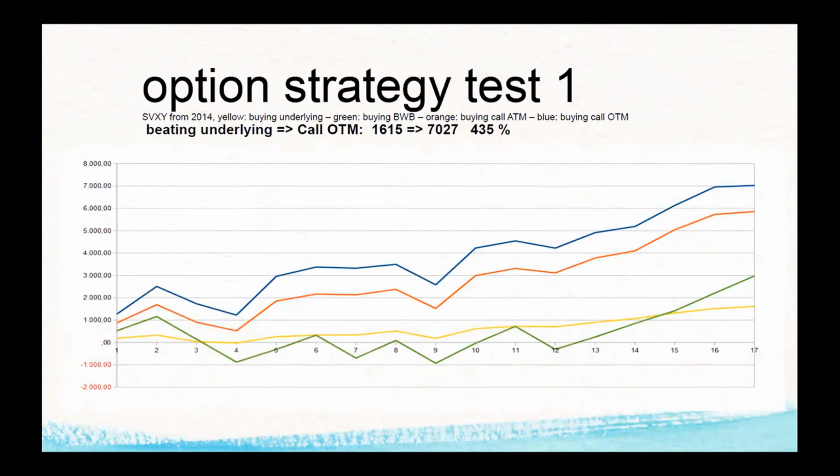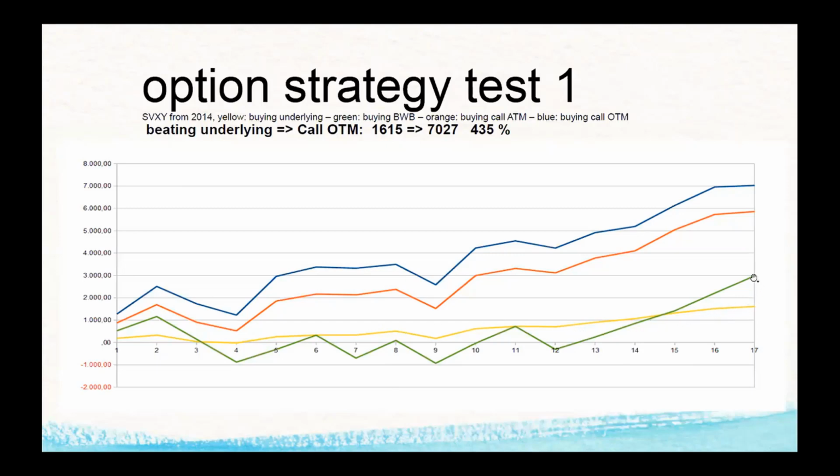And here's the graph for it on SVXY. There are not a lot of trades because you don't have weekly options for very long, only from 2014. No weekly options are available before. The yellow line is trading the underlying.